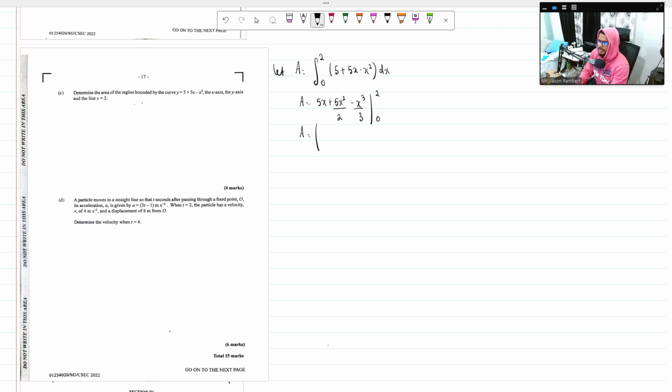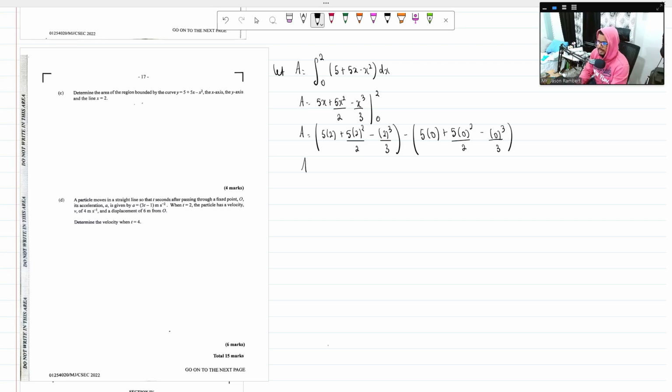A is equal to 5 into 2 plus 5 into 2 squared over 2, take away 2 cubed over 3. Now, although we know the next substitution is going to result in 0, you have to show the substitution, please. Get in the habit of doing it. 5 into 0 plus 5 into 0 squared over 2 minus 0 cubed over 3.